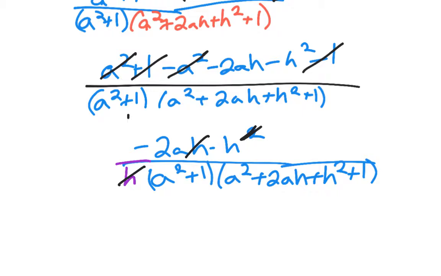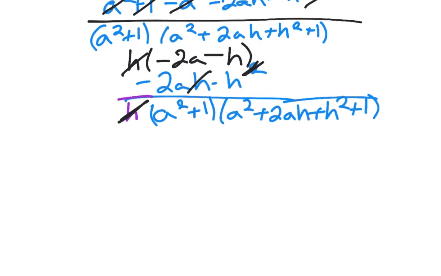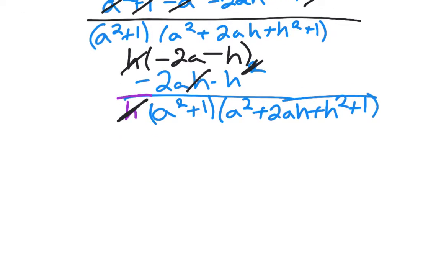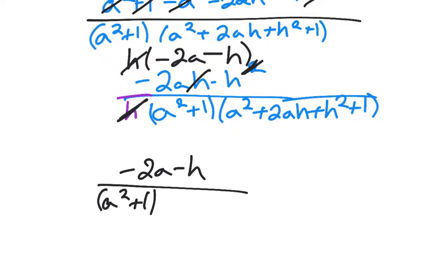I could have factored out the h right here this way and then just canceled those. That would have worked as well. That helps a little bit, makes it a little nicer. And so I'm down to the function negative 2a minus h over a squared plus 1 times a squared plus 2ah plus h squared plus 1.